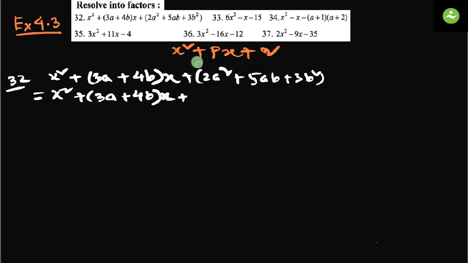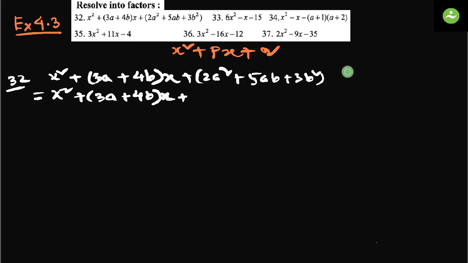So long we had been solving, all the expressions were in this form, x squared plus px plus q, and there was no coefficient of x squared. But in case when there is a coefficient of x squared or a squared, how we solve it and what format it is, this is actually a bit different.